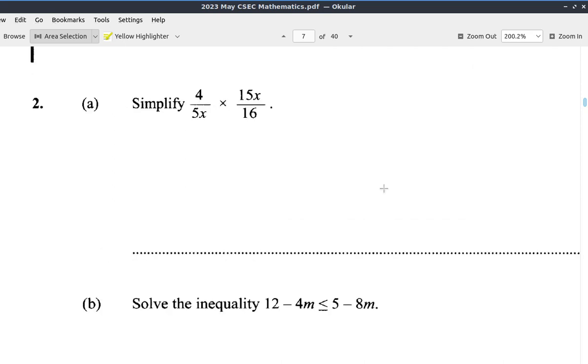Question 2 from the 2023 May CSEC Mathematics paper. What it says here is to simplify 4 over 5x times 15x over 16.